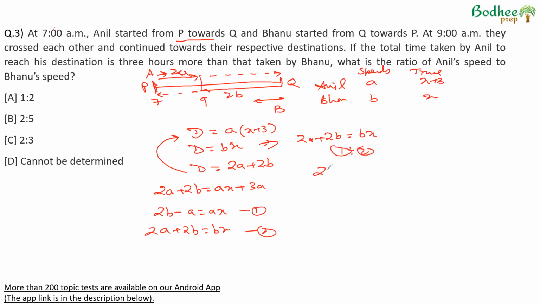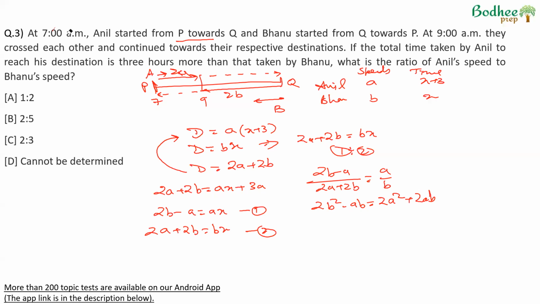So you'll get 2B minus A upon 2A plus 2B is equal to A by B, X and X cancel, cross multiplied. 2B square minus AB is equal to 2A squared plus 2AB. We have to find the ratio of Anil to Bhanu.